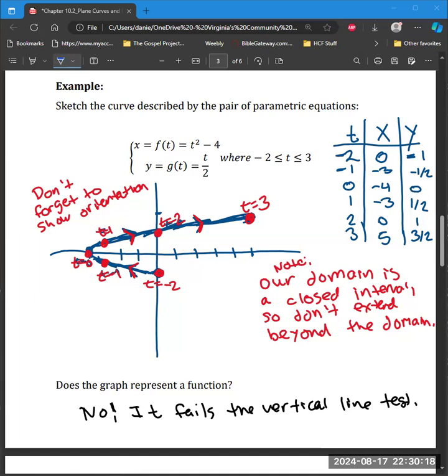I just changed my decimal values to fraction values. If you have a nice calculator like this, you can tell it that you want it to show you fractions if it can. Let me show you that.